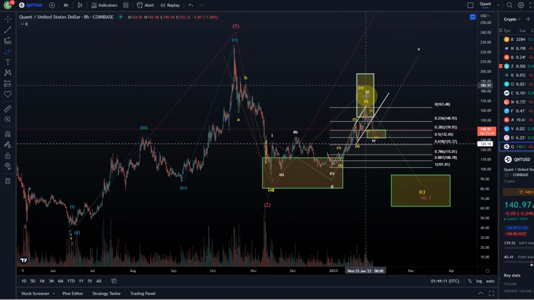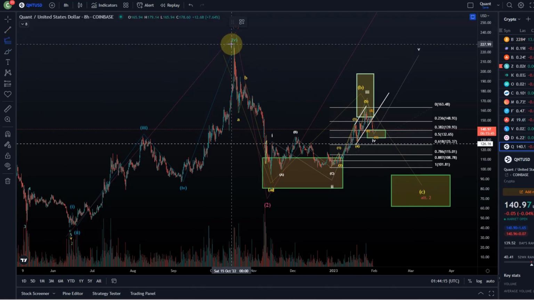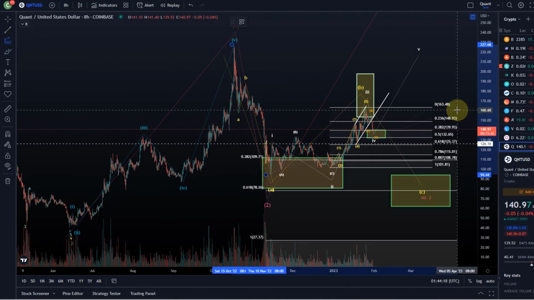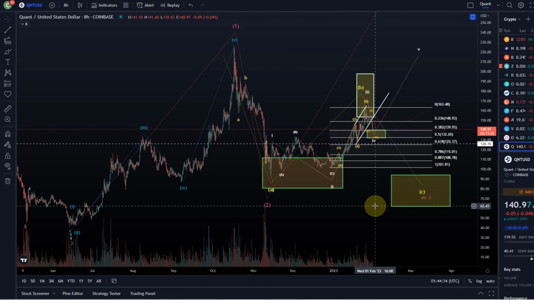The problem here is that the C wave will run out of space, because if I take the length of that possible A wave to the high of the B wave, the ideal target for a C wave is the 1-to-1 ratio. So we would land at $31, which obviously doesn't have place in this kind of bullish scenario. So we need to be careful.